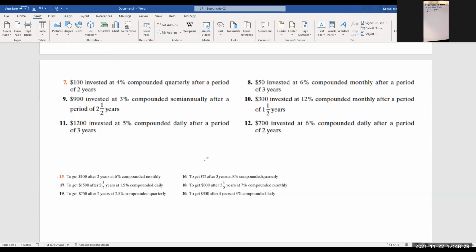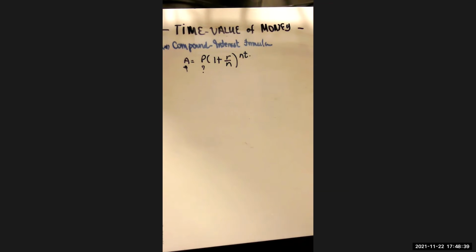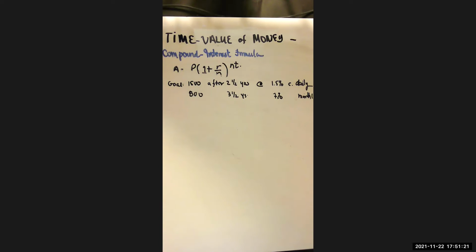No, we'll try 9 and 10. Let's try the following. I selected the wrong problems. Let's go ahead and share the document once again. I pointed out the wrong one.